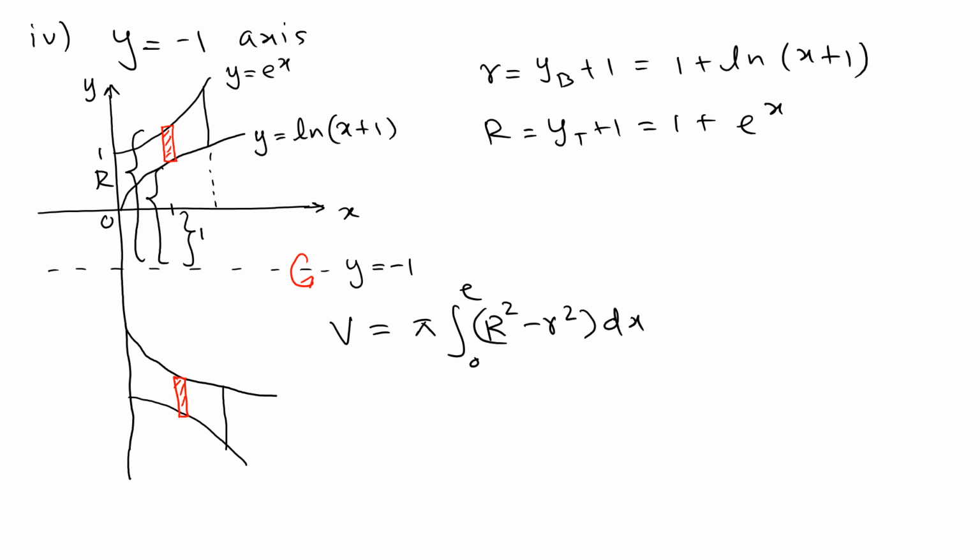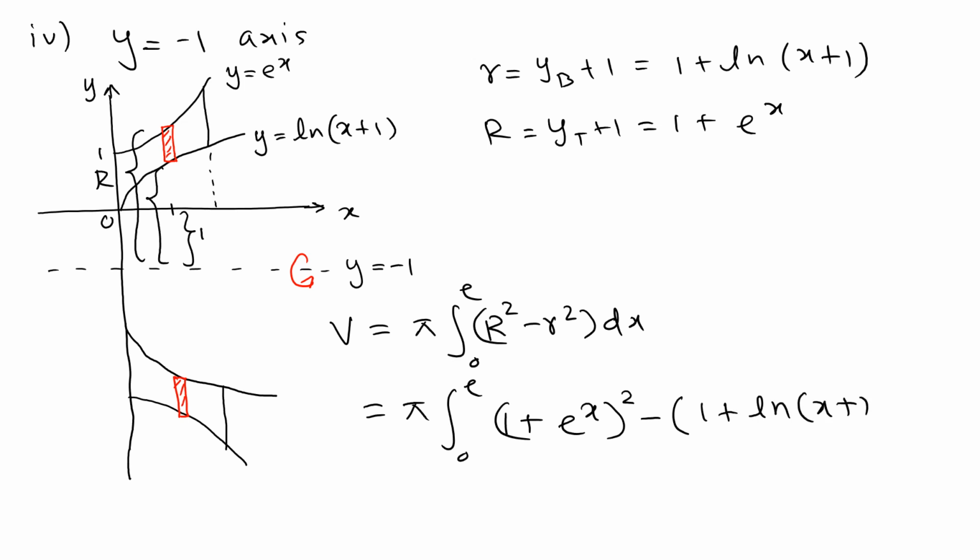If you plug in, you get pi integral from 0 to e of (1 plus e^x) squared, minus the small radius, 1 plus ln x plus 1, squared, and then we can integrate this.